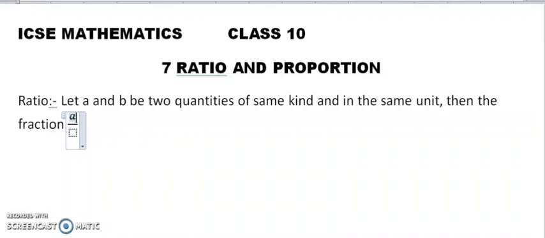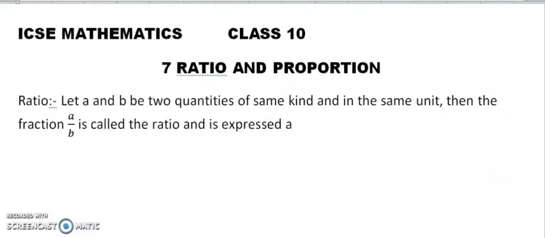Then the fraction A upon B is called the ratio and is expressed as A is to B, and it is read as A is to B. Clear?